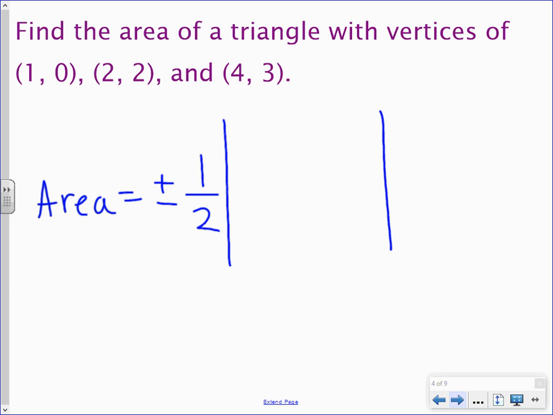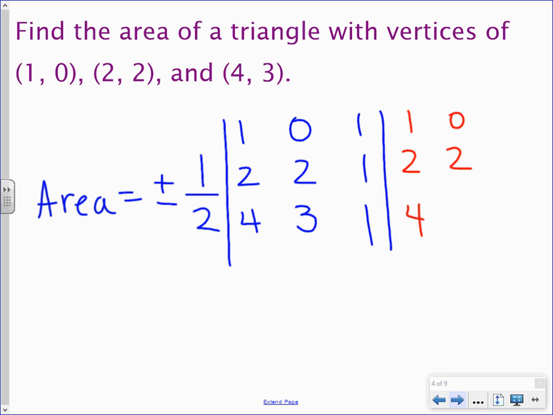We're just going to put these coordinates in x, y, third column of 1. X, y, third column of 1. X, y, third column of 1. Okay. So now we will find the determinant. So go ahead and copy paste your first two rows.